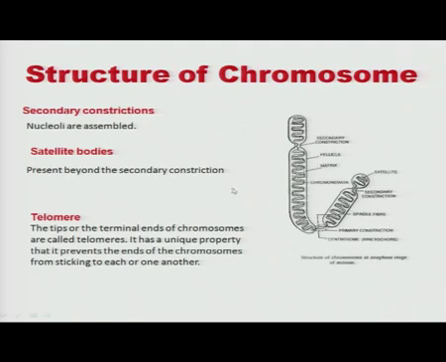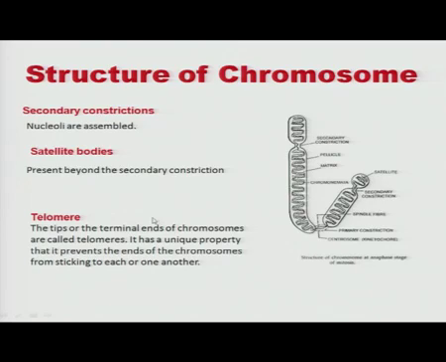Beyond these secondary constrictions, some fragments are there which are called satellite bodies, and at the tips of the chromosomes telomeres are present, which have a unique property that they prevent the ends of chromosomes from sticking to one another. So, these are the different parts of the chromosome.